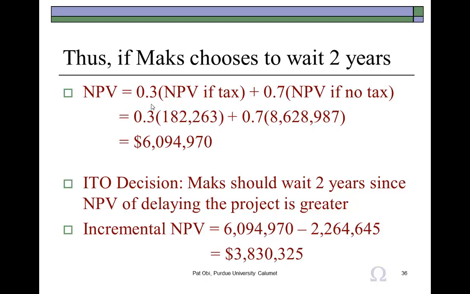Therefore, in investment timing, when one of the outcomes has a negative NPV, you should convert this to 0. You wouldn't have to go 0.3 times the negative value, since in reality you wouldn't be starting on the project anyways, and that'll cause this argument here to be 0, so that the effective outcome here would be 0.7 times this value right here. So just keep that in mind, because it has to reflect reality, which is when NPV is negative, you do not embark on a project.